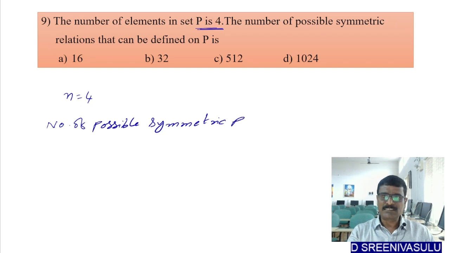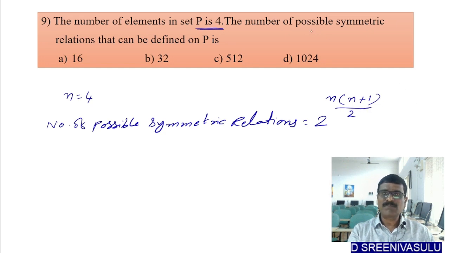What is the formula? 2 to the power of n into (n plus 1) divided by 2. This is the formula for the number of possible symmetric relations.